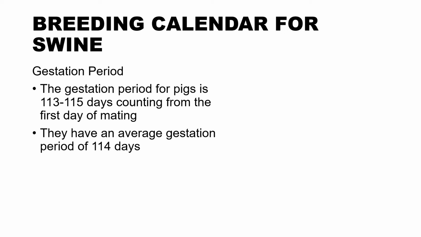So first is the gestation period. Always remember that the gestation period of the pig is around 113 to 115 days.